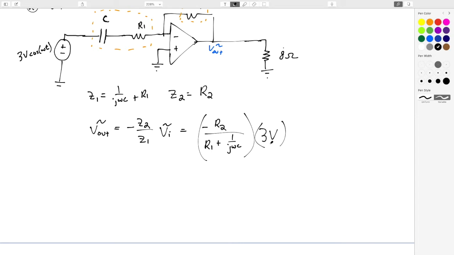Now, what is this going to look like? I don't like the j omega c in the bottom here, so I'm going to multiply the top and bottom by it. Let me rewrite that a little bit: negative j omega c R2 over 1 plus j omega c R1. Great.